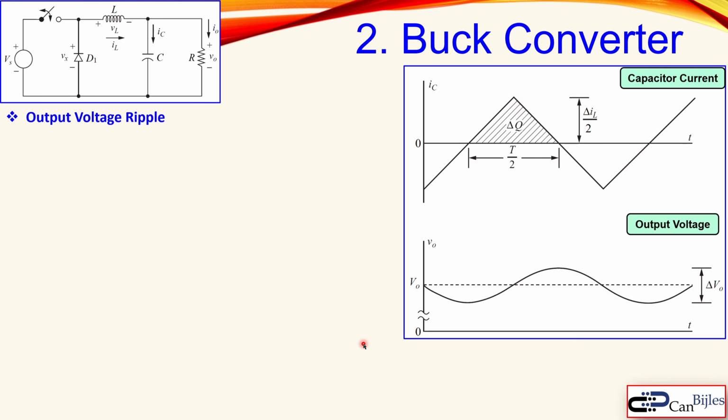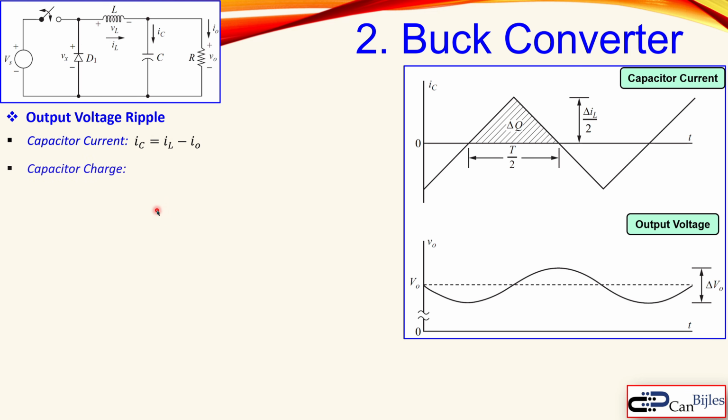Now, more detail about the output voltage ripple. For that we need to look at the waveform for the capacitor current, which is also shown here, and the output voltage as a ripple. And this delta VO, the peak output voltage ripple, is related to the capacitor charge and also its current. The capacitor current IC is equal to the inductor current minus the output current, which is just using Kirchhoff's current law at this node.